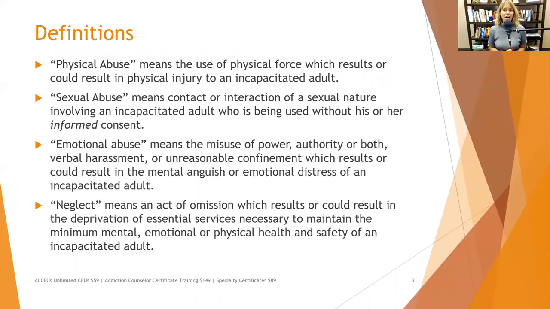Sexual abuse means contact or interaction of a sexual nature involving an incapacitated adult who's being used without his or her informed consent. One of the things that comes up, especially with older adults who may have late onset or late stage dementia, is that they may not recognize the person that's in front of them as the person that's in front of them. They may see it as their husband who passed away 20 years ago or a former lover.